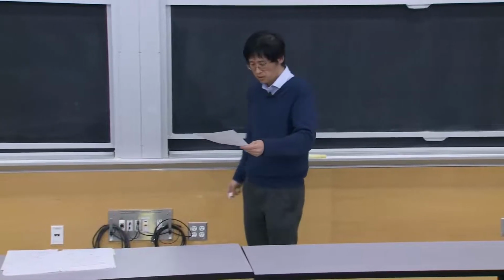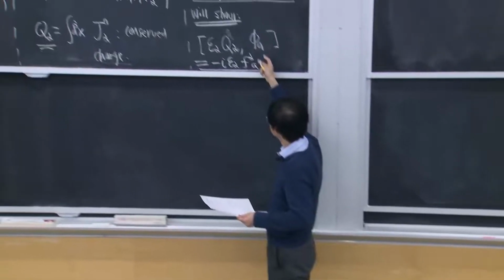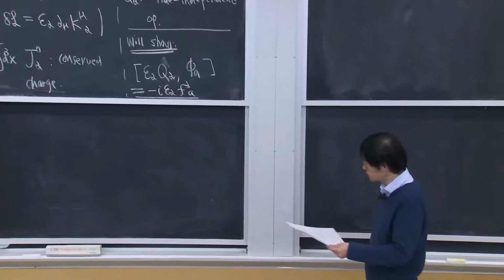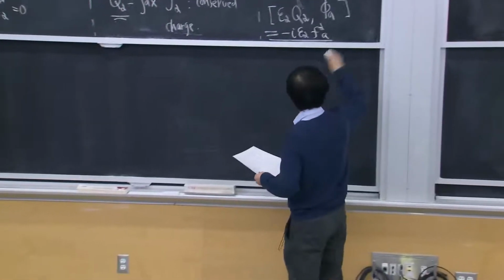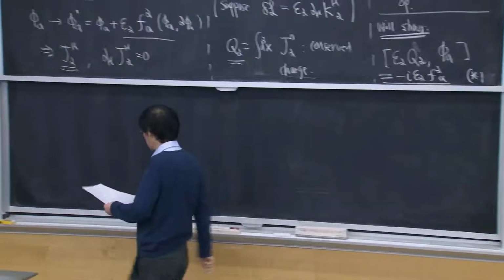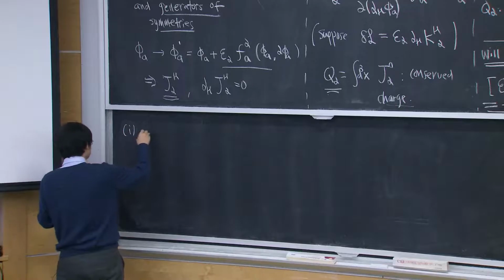Okay. So we are going to show this statement, and it is very easy to show in the general case. Let me call this equation star. First, let's consider the sub case.